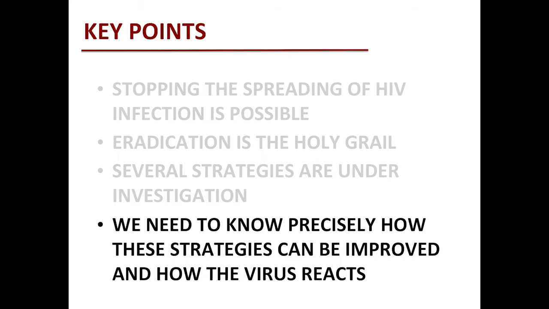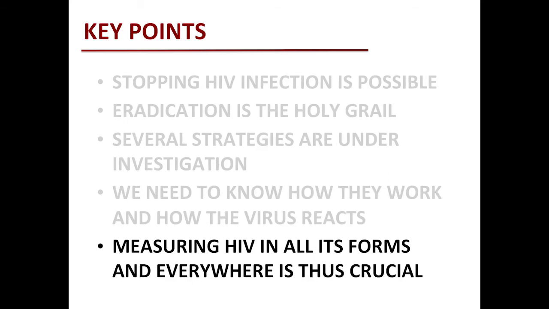So it is clear, however, that we need to design strategies, but we also need to have diagnostic tools, because measuring the presence of HIV in all the possible forms of the virus is crucial, and it is also very important to measure the virus everywhere. Everywhere means that a number of cells in the body can be infected by the virus.